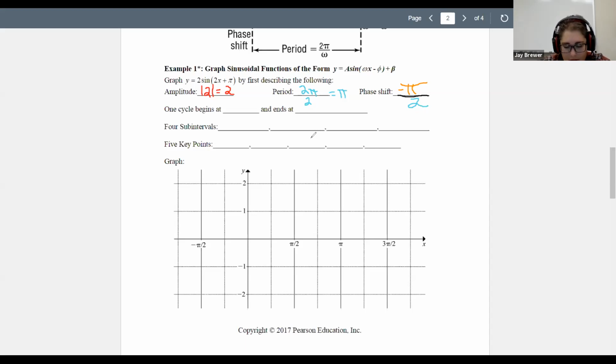So what you can also realize from a phase shift is if we want to say that the cycle begins at 0, which is where we typically like to start, but we can also start at our negative pi over 2. That's okay to do. So negative pi over 2. And then where would it end?